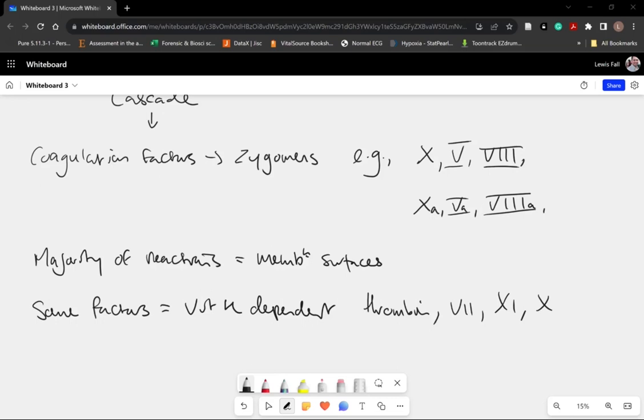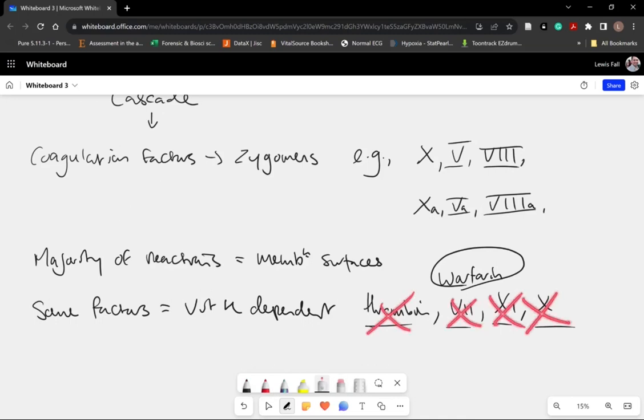Well, I need you to know that these are the vitamin K dependents, and that if something is vitamin K dependent, then in order to negate them, we require warfarin. So warfarin will knock out any of these.